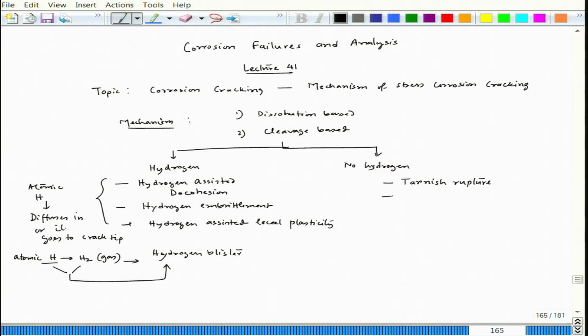Then we have the film induced cleavage mechanism. Then there could be the possibility of the atomic surface mobility model.